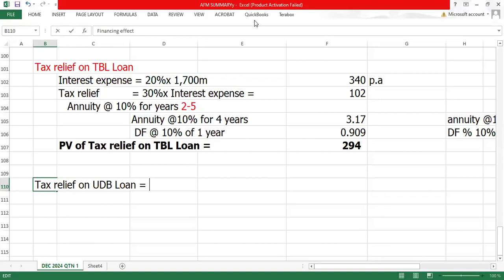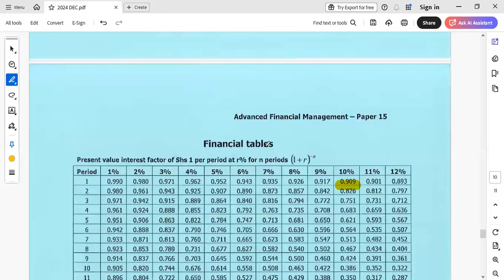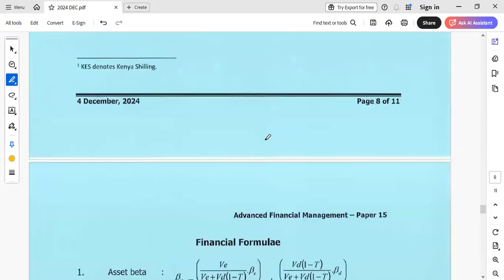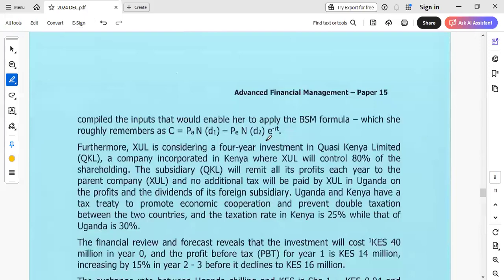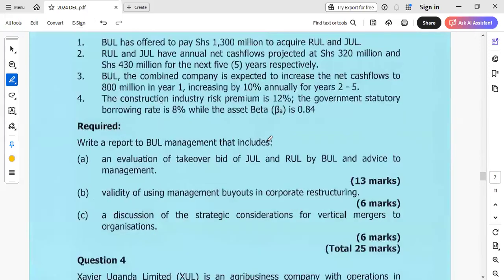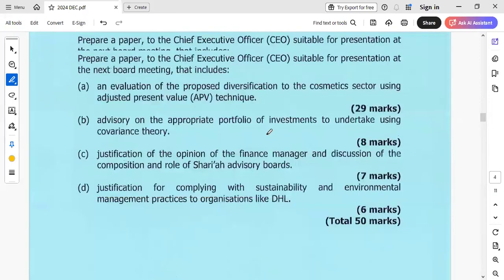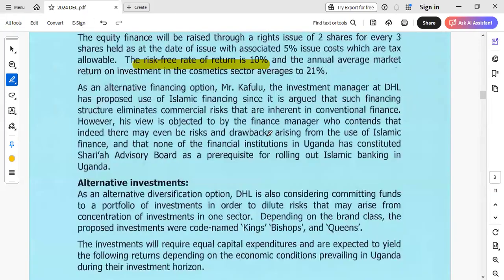I first get the interest expense. So what I will do is simply get the figures. What was the loan? You have the loan, but here I'm looking for the tax interest rate on UDB.